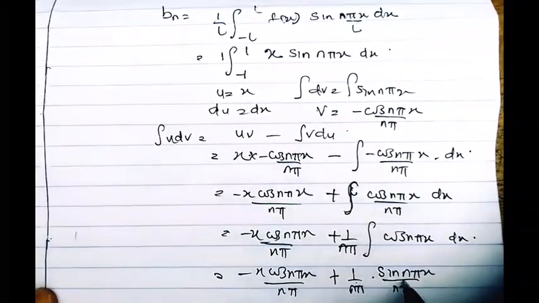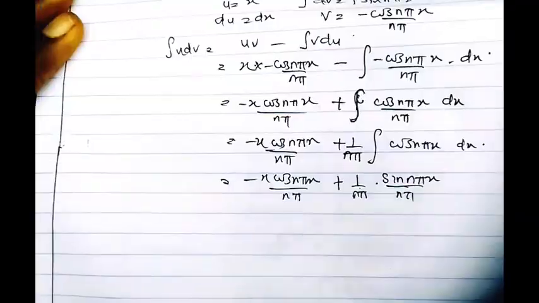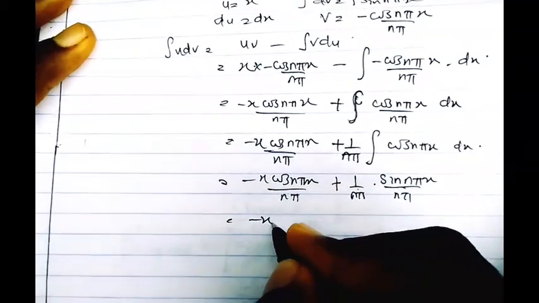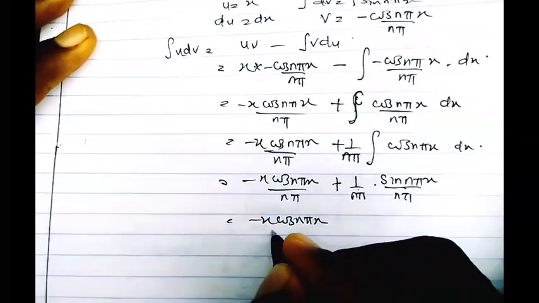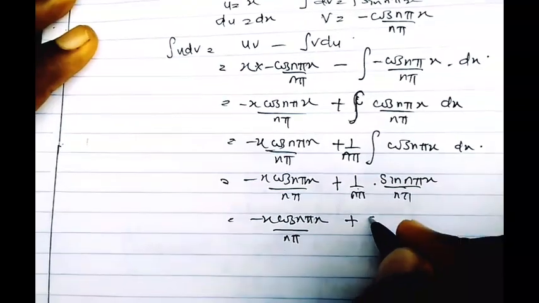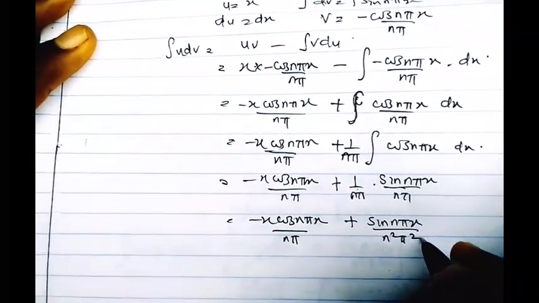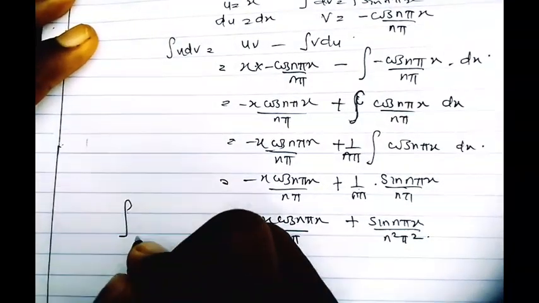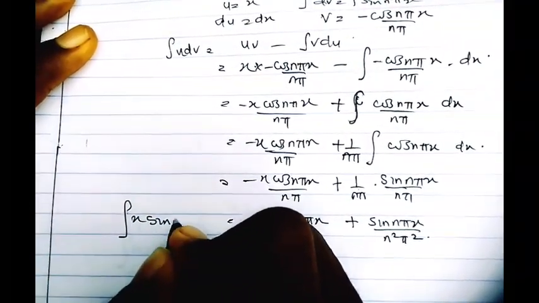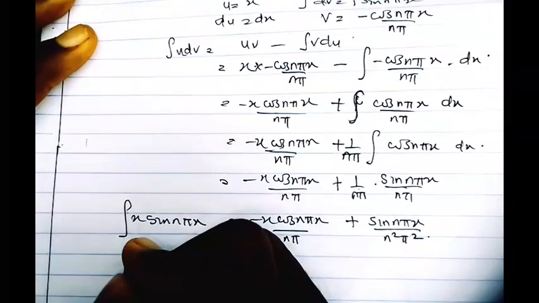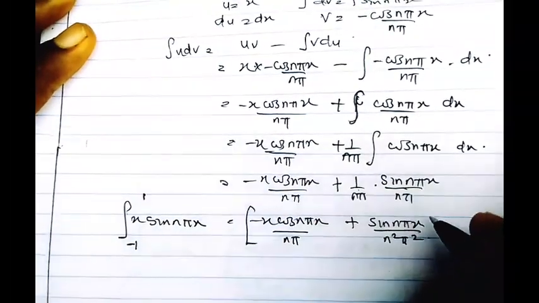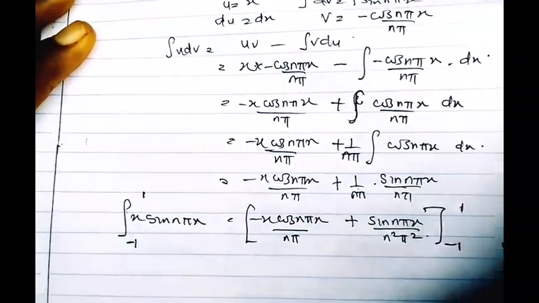Multiplying these together, I'm left with minus x cos n pi x over n pi plus sine n pi x over n squared pi squared. Remember, all this was from integrating x sine n pi x. So we apply our limit from minus 1 to 1.